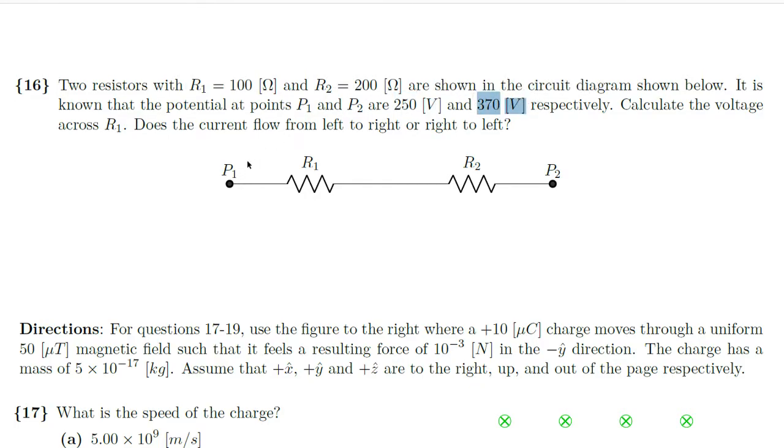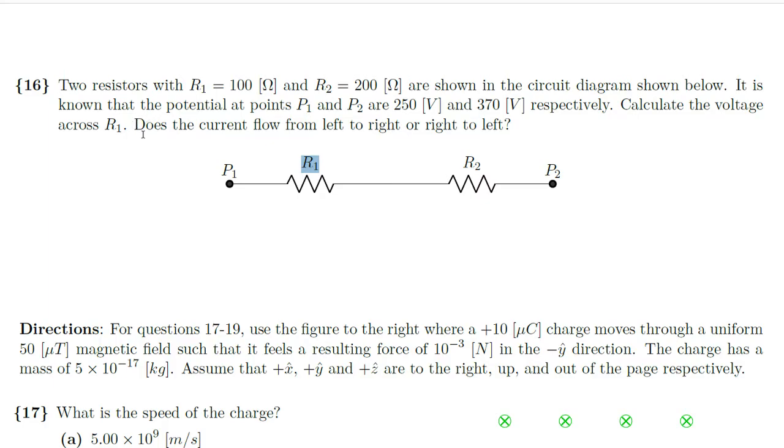So P1 is 250 and P2 is 370. We're going to do two things in here. We're going to calculate the voltage across R1, just the voltage across R1. And we're also going to talk about the direction of current flow.